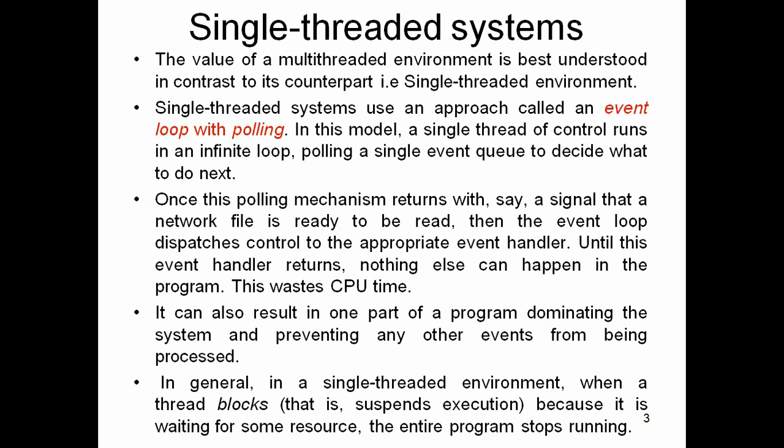It can also result in one part of a program dominating the system and preventing any other events from being processed. That means in general, in a single threaded environment, when a thread blocks because it is waiting for some resource, the entire program stops running. So that is the drawback of this single threaded systems.